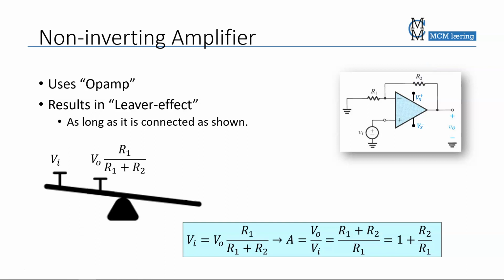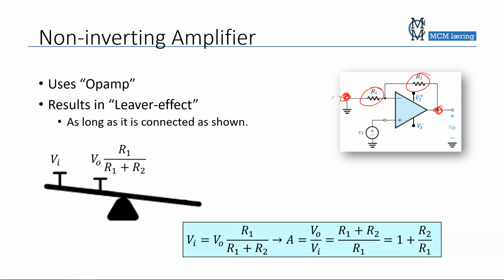Now the thing is that you have the output voltage here and the input voltage there, and the difference between this voltage and this voltage will split across those two resistors, just like in Kirchhoff's second law.